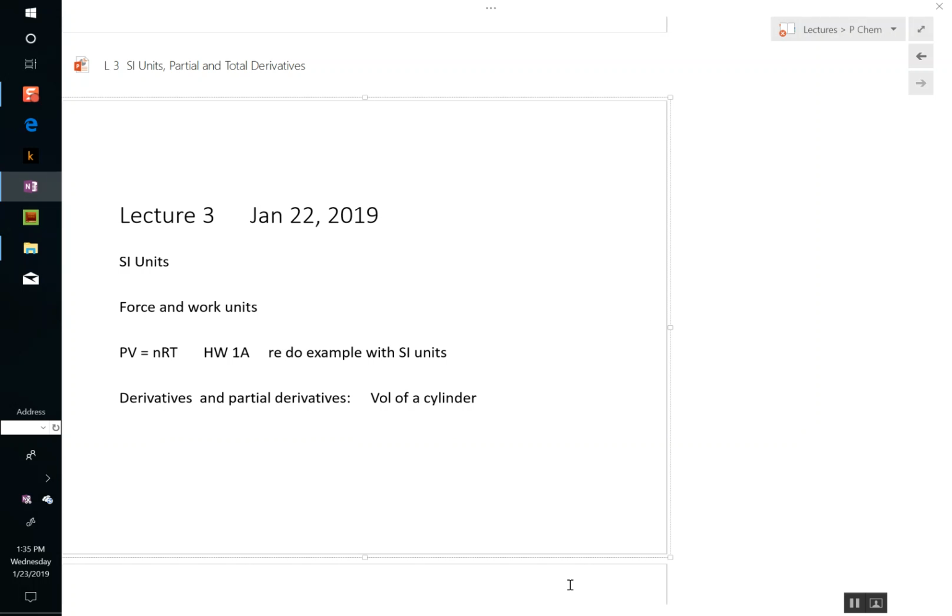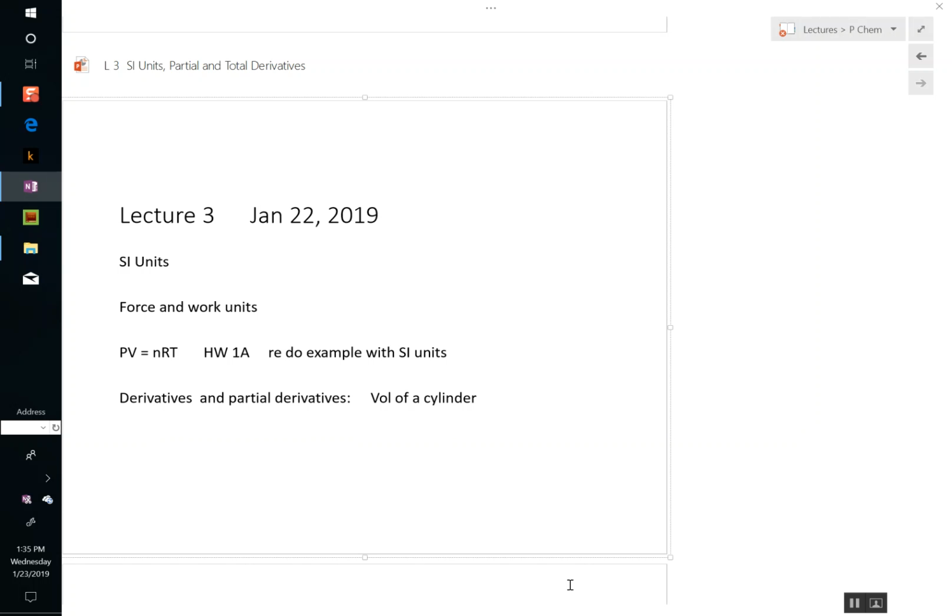To do that, you're going to want to rearrange this as P equals nRT over V. So rearrange just the ideal gas law.